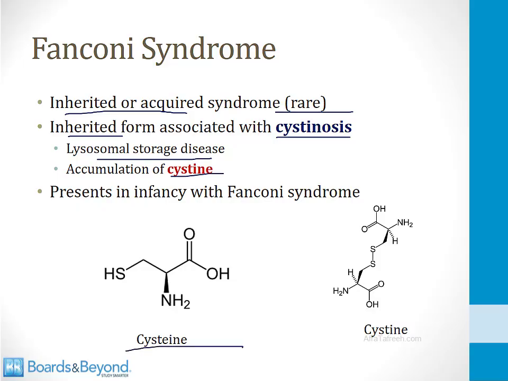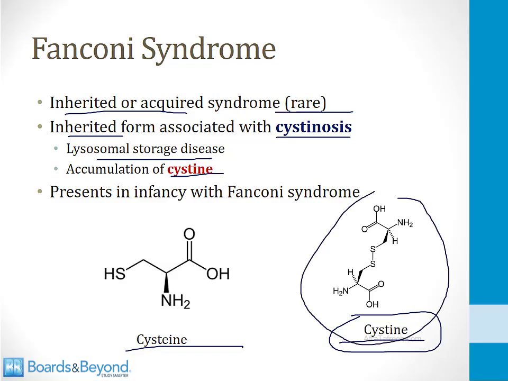If you link two of these together, you get cystine. And cystine often links together to form this structure, and you need to be able to break this down in your lysosomes. If you're missing an enzyme, you cannot break this down, and therefore cystine accumulates all over the body. That's called cystinosis. And one of the first places it tends to accumulate is in proximal tubule cells. So for this reason, babies born with this rare lysosomal storage disease will present in infancy with Fanconi syndrome.